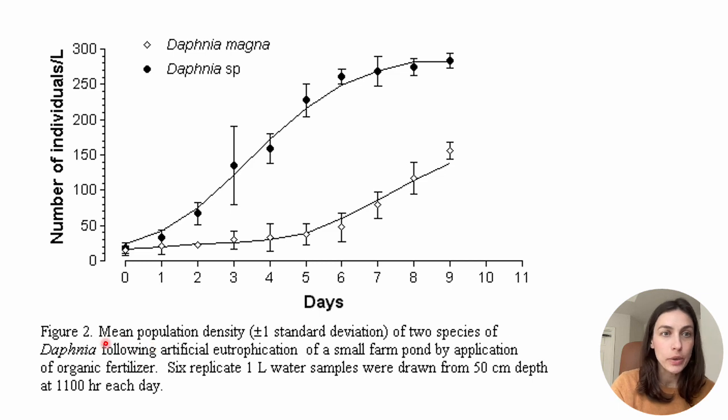So here I can read: mean population density of 2 species of Daphnia following artificial eutrophication of a small farm pond by application of organic fertilizer. 6 replicate 1 liter samples were drawn from 50 centimeter depth at 1100 hour each day. So they basically tell us a little bit of what they were doing, a little bit about the method or the process, one sentence, and then they told you the most important result that they can glean from it.